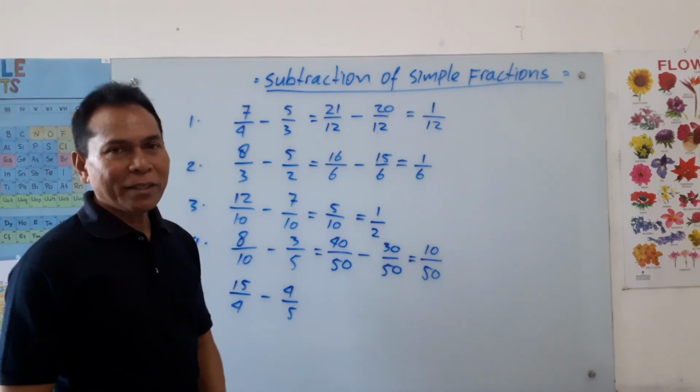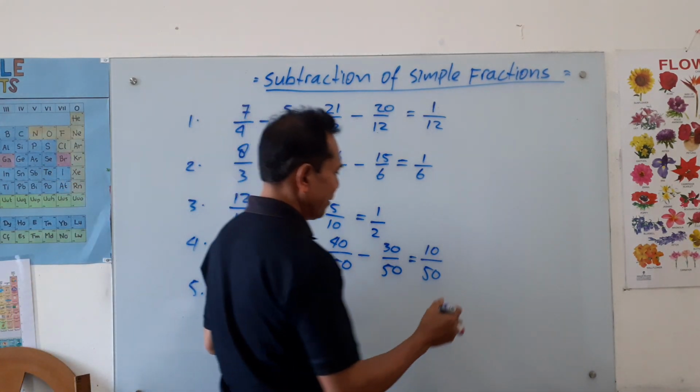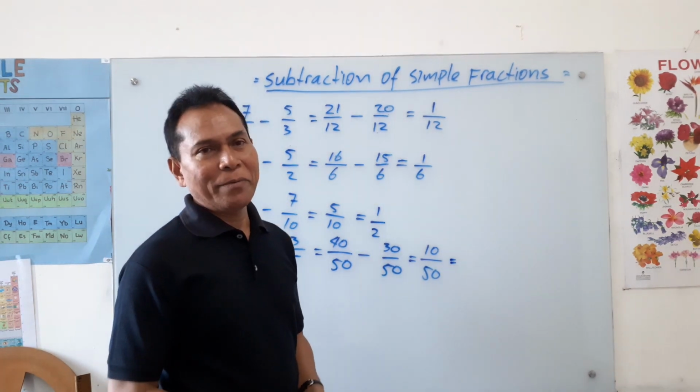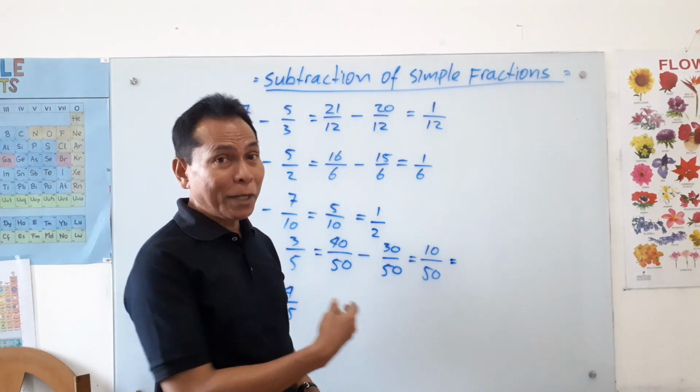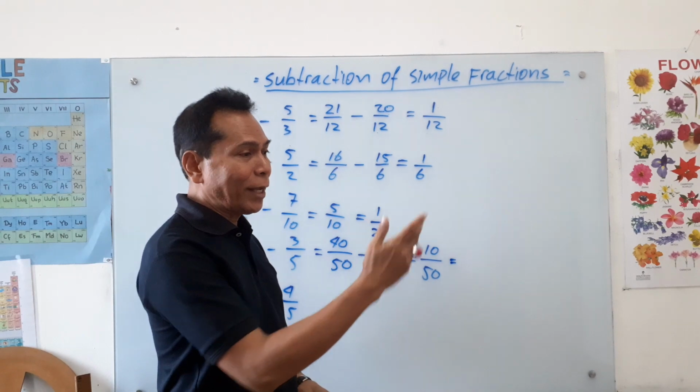You look at a fraction like this, you think, oh, we can simplify that. Why not? We simplify. How about if we take 5? We take 5 first, and later if we can simplify any longer, we can go on.